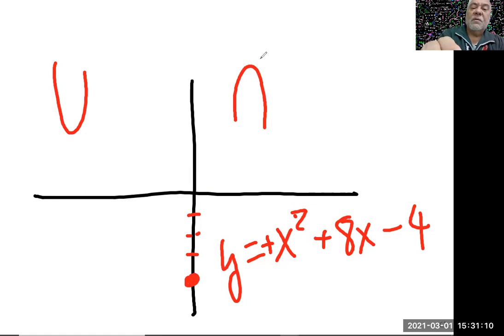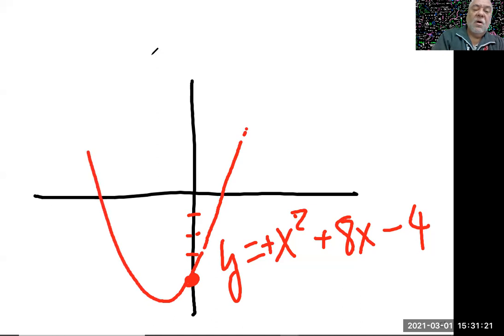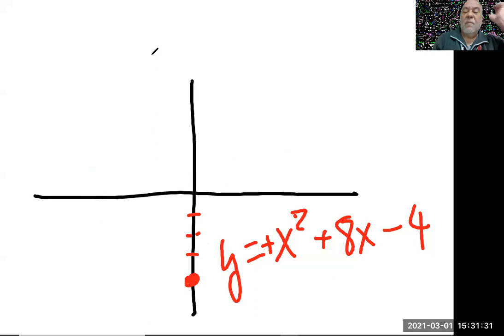But this one opens in the upward direction, so you know that this parabola is either going to look something like this or something like this. We don't know whether it goes to the right or to the left yet, so we kind of have to figure some of this stuff out. But at a minimum, you know that the y-intercept is -4.